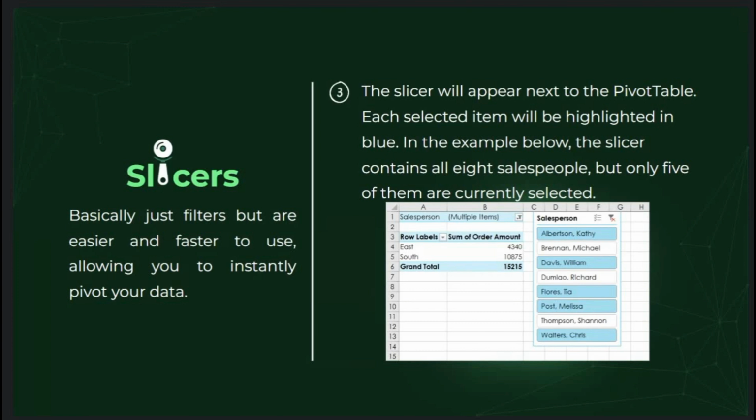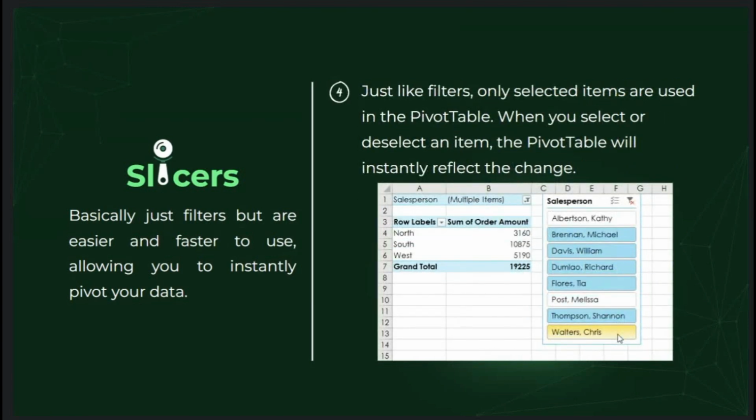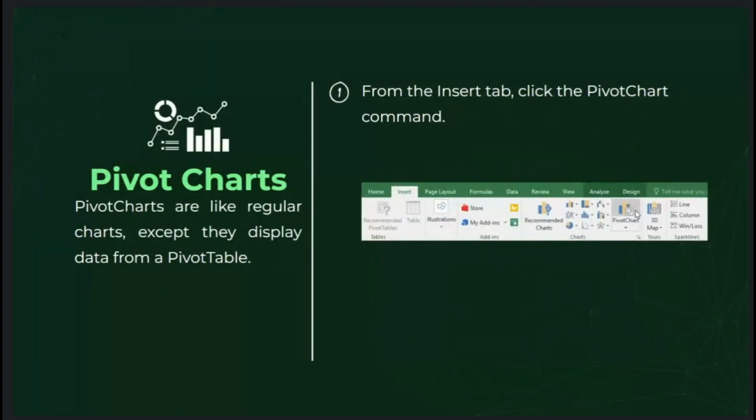Yan, so moving on po, pivot charts. So pivot charts are like regular charts, except they display data from a pivot table. So yung chart na dinidisplay ng pivot charts is from a pivot table. Of course, just like regular charts, you'll be able to select a chart type, layout, style that will best represent the data.